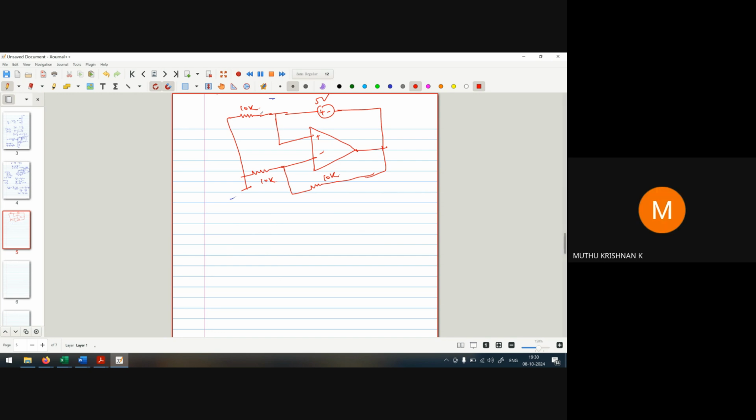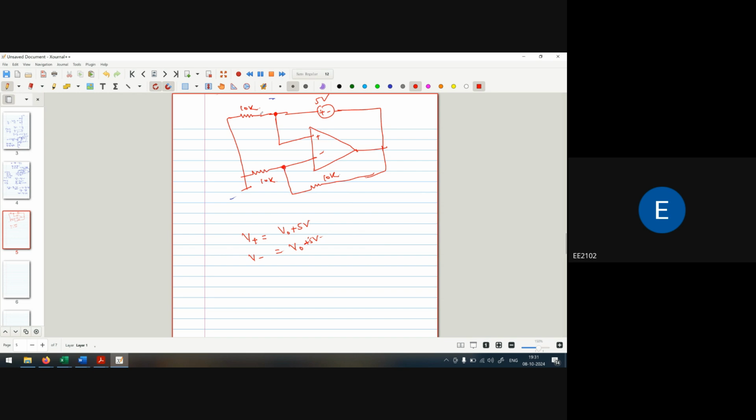So what is the voltage at V plus? That is V0 plus 5 volt. V minus is also V0 plus 5 volt.